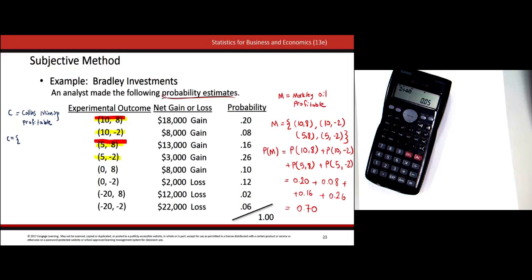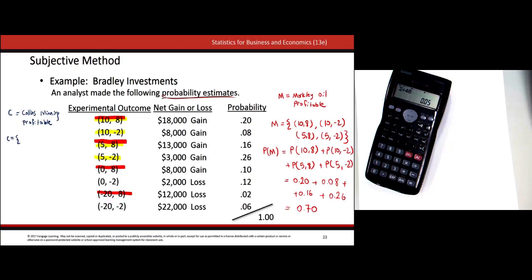What about this one? Collins is profitable. You are gaining 8,000 from Collins. Remember, the first number belongs to Markle Oil, the second belongs to Collins Mining. 0, 8: Collins is profitable. You are gaining $8,000 from Collins Mining. 0, negative 2: no. Negative 20, negative 28: Collins is profitable. Even though you are losing a net $12,000, it is still in this event, because this event says Collins is profitable.